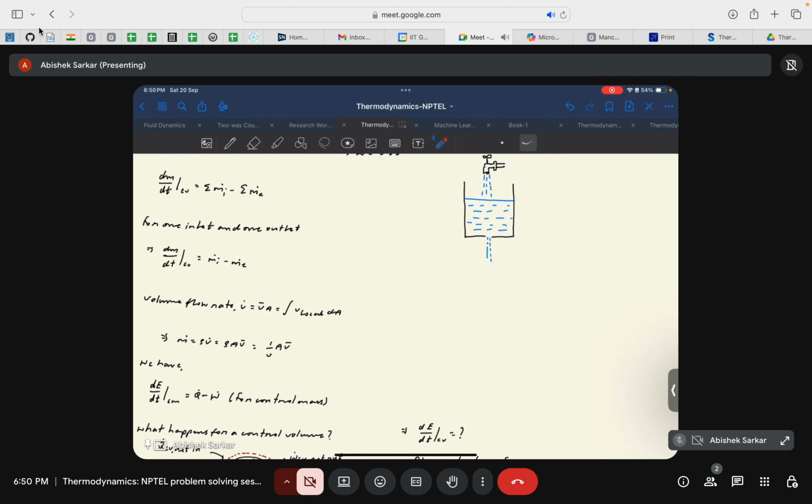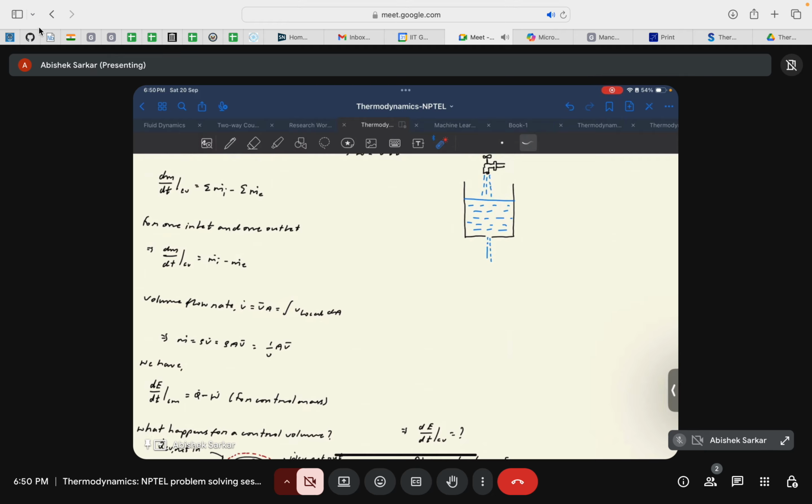Okay, so the volume flow rate is given by velocity times the area. If the velocity changes spatially, then with spatial coordinates we have the integration of v times dA. But for most of the problems this will not become relevant, at least in this thermodynamics course.